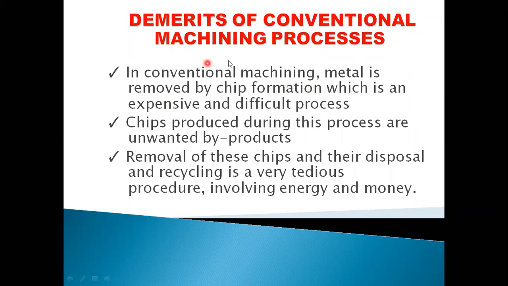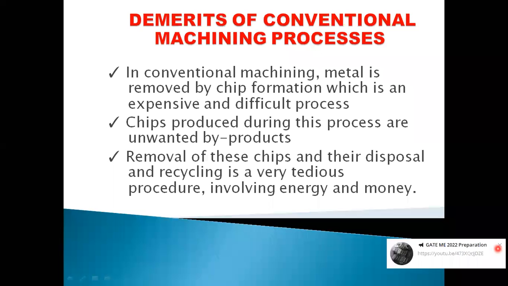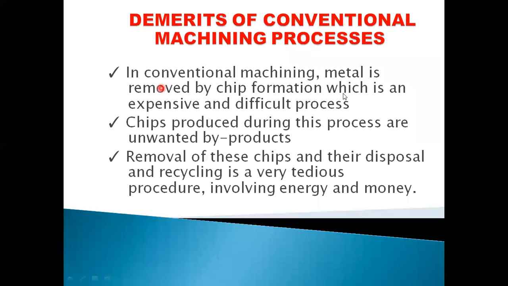Then only will I get the required shape. So obviously the process is expensive, because even if you go for a normal lathe or a computer numerical control lathe, it will be an expensive and difficult process.